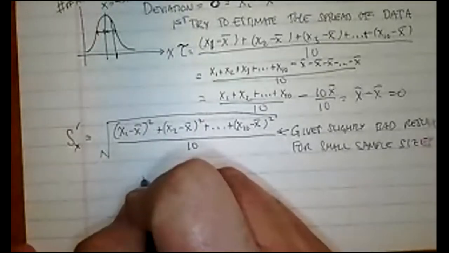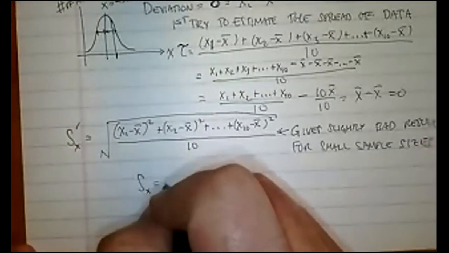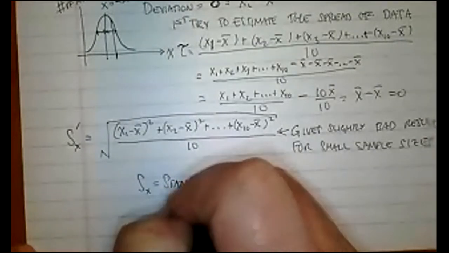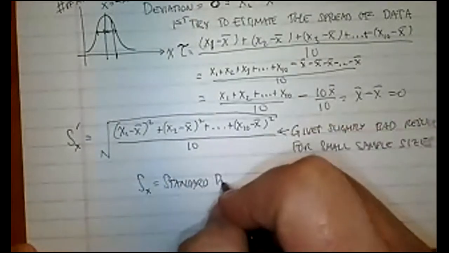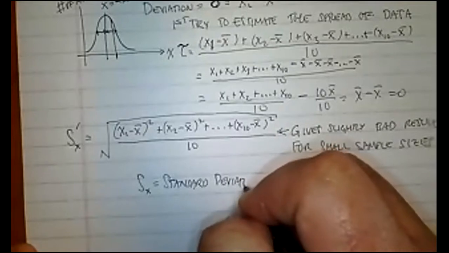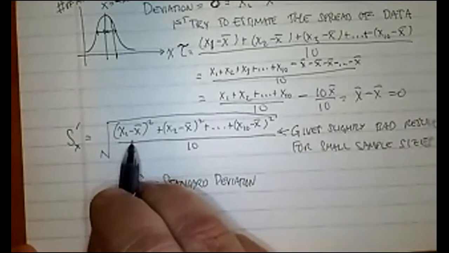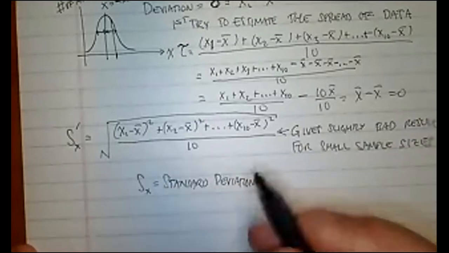Those are pretty good. So it was discovered it's best to define the standard deviation not as the sum of the deviations squared divided by n and then take the square root.